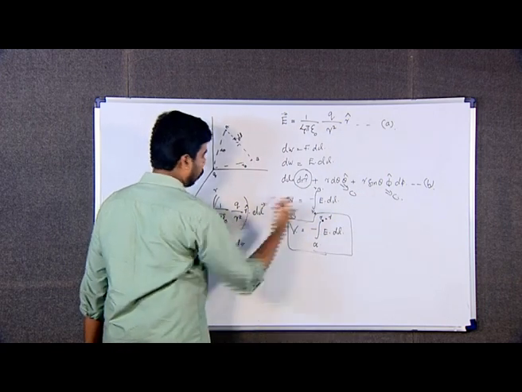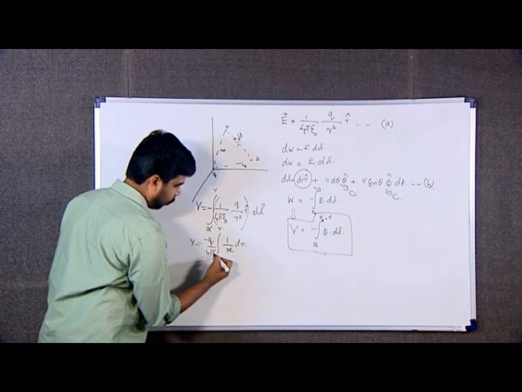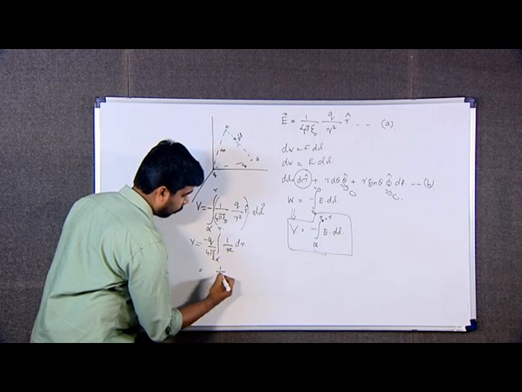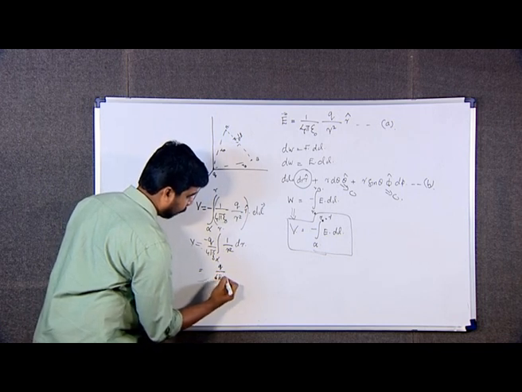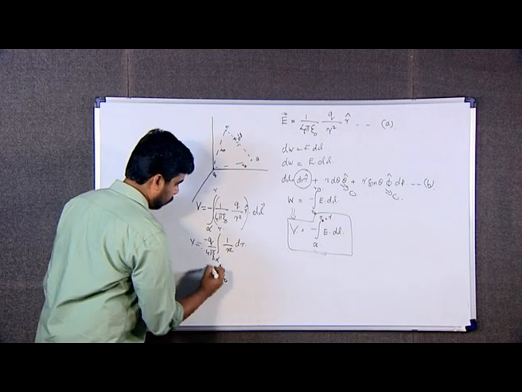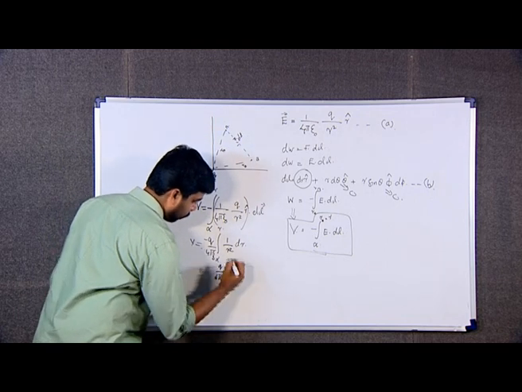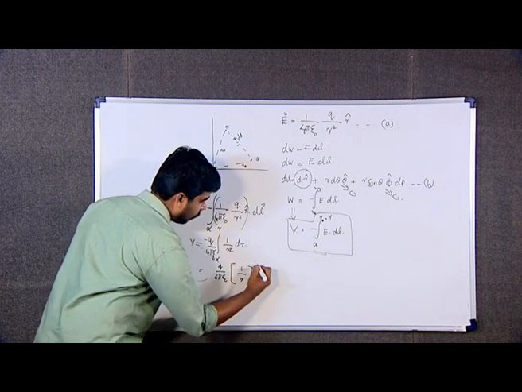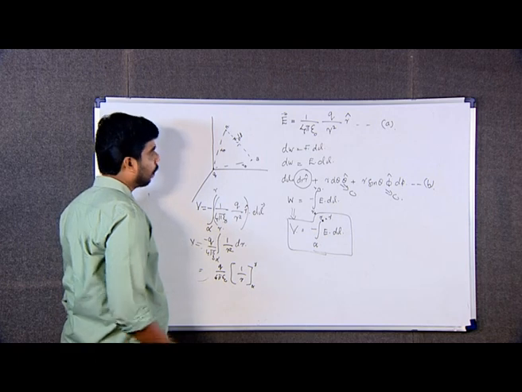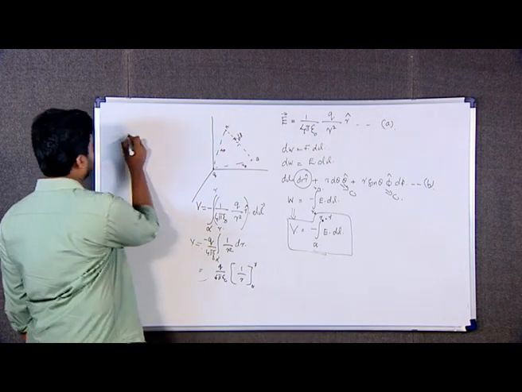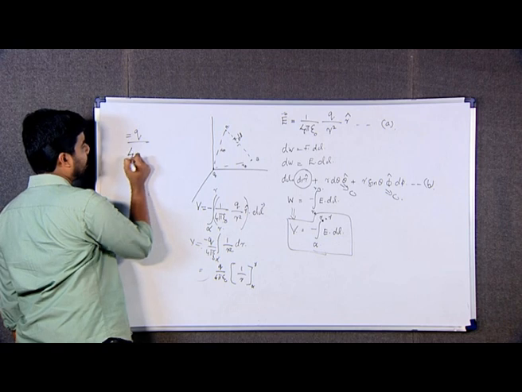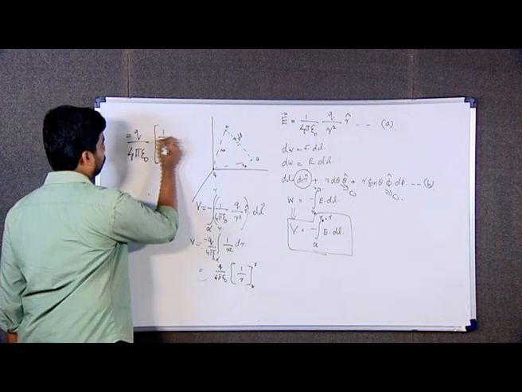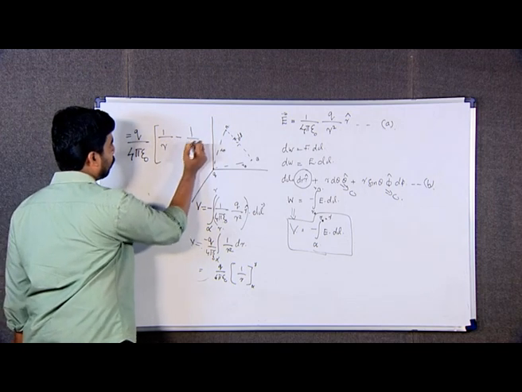So, this is equal to minus q by 4 pi epsilon 0 into the integral of 1 by r square dr. On integrating, the minus sign will become 1 by r from infinity up to the reference point r. So, we get q by 4 pi epsilon 0 into, upper limit, 1 by r minus 1 by infinity.